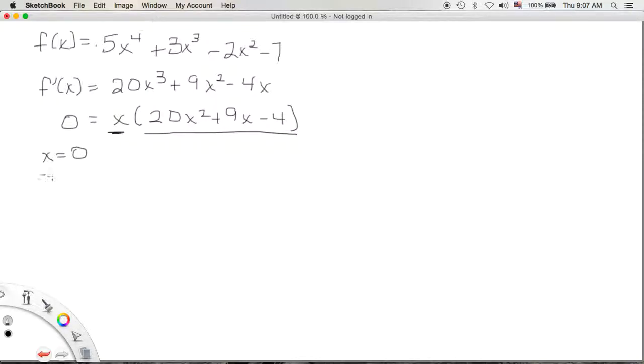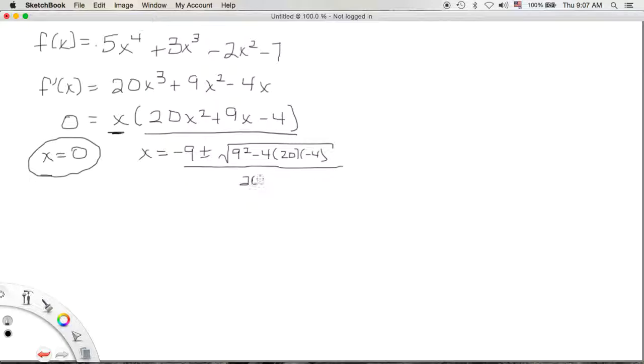So here's one of our critical points. And then for the other ones, we do the opposite of b, plus or minus the square root of b squared minus 4ac, all over 2a.